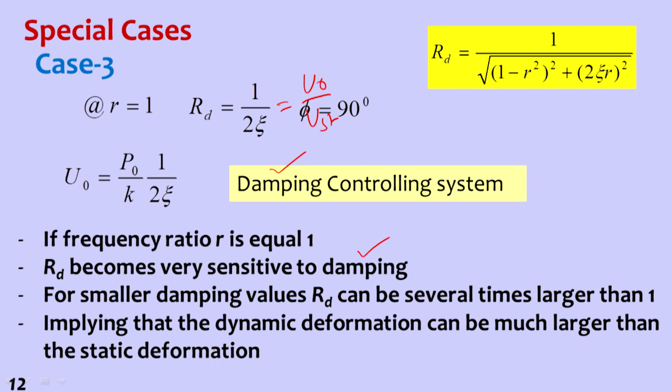So, in summary, we have studied Rd, the dynamic response factor for displacement, for velocity, and for acceleration, and how these three are related. And then in the dynamic amplification curve Rd, we have studied sensitivity at different places.